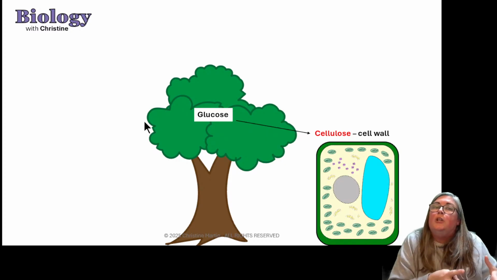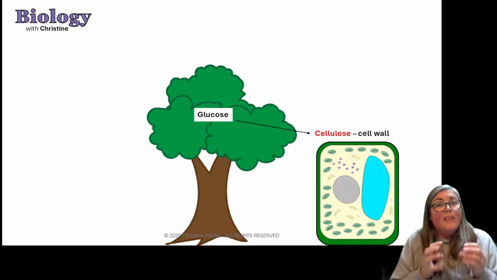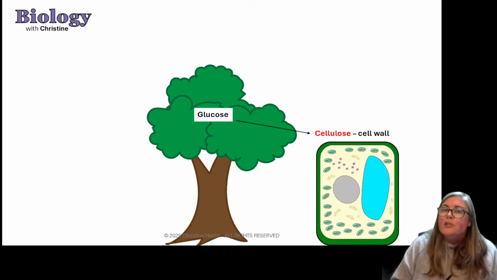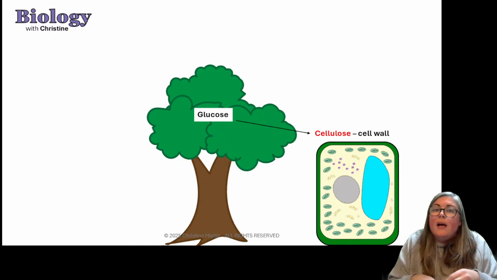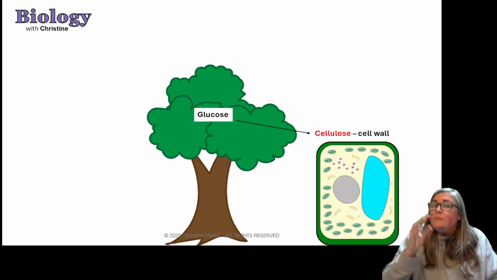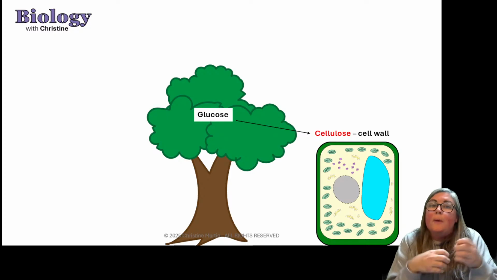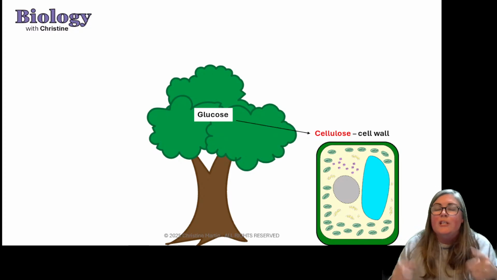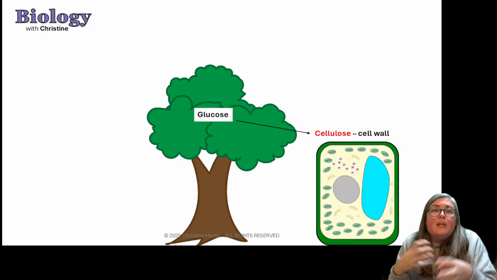Right, glucose. What can we use with the glucose? The glucose could be used to make cellulose. That cellulose is needed for building the cell walls. So when the cells are growing, and mitosis has occurred and has resulted in 2 genetically identical cells, what we've then got is the building of the cell wall.